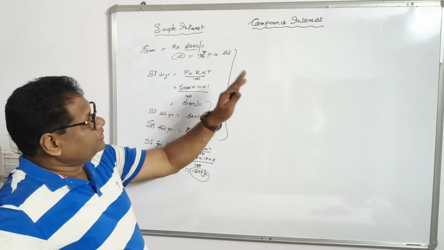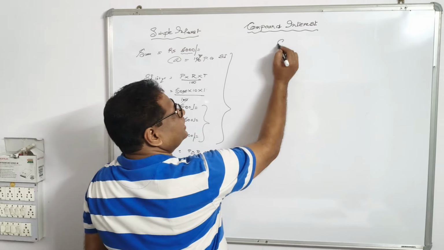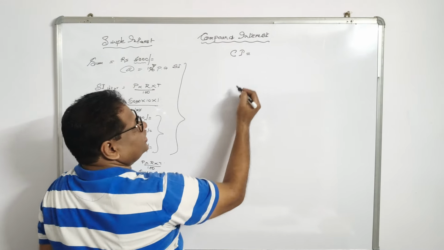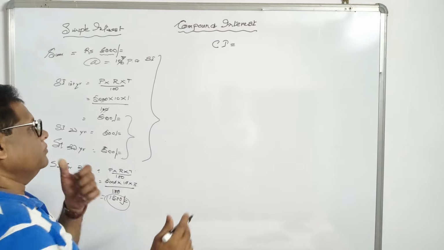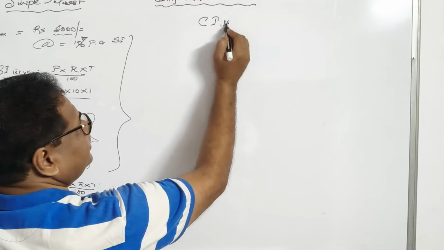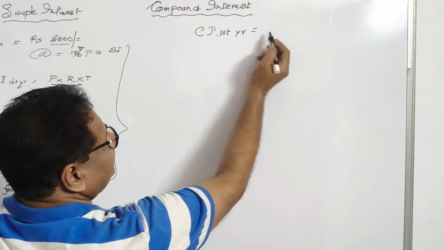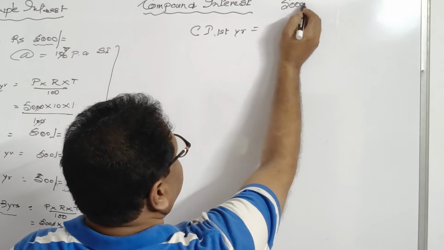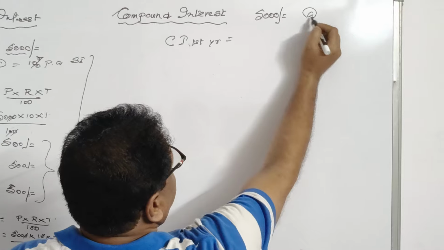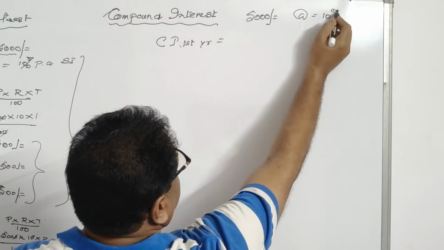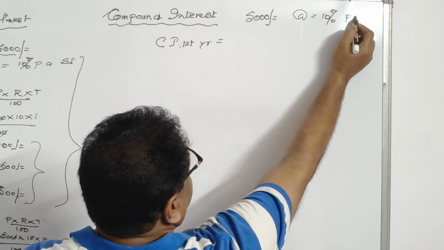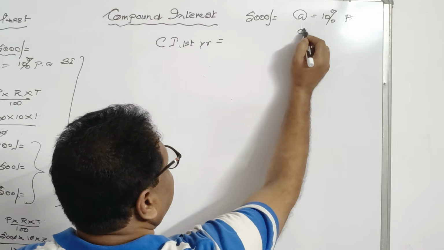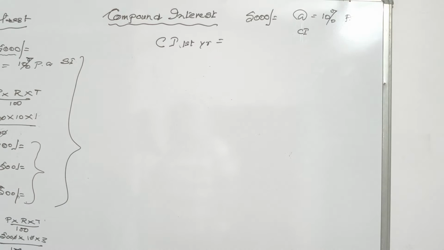Now let's compare the compound interest. The compound interest for the first year, this is for the first year we are calculating. This equals, on the same principal we are taking 5,000, but this time the rate of interest is 10% per annum calculated as per the compound interest.